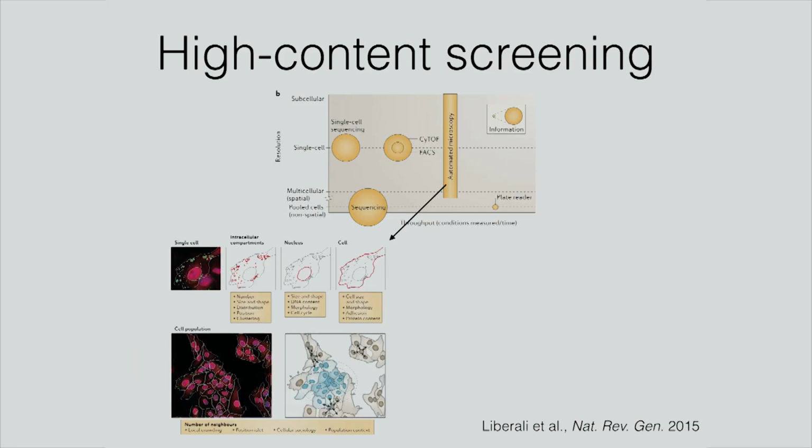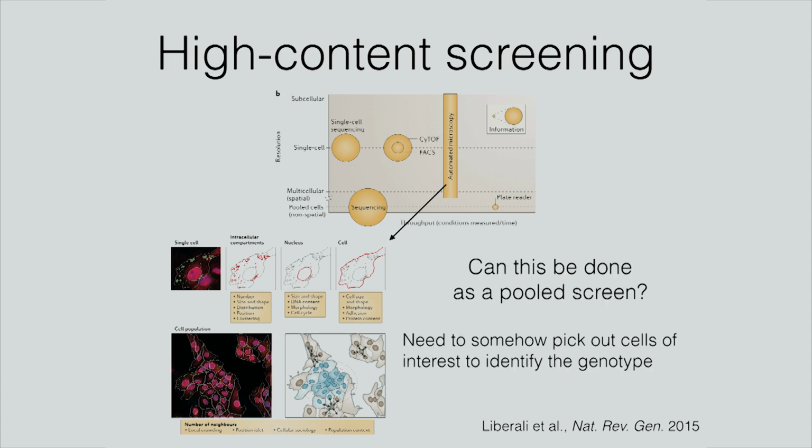The other one that I'll mention is microscopy. You can get thousands and millions of parameters just by taking a picture and figuring out cell size and what its neighbors are and what subcellular structures look like. This is for sure going to be hard to pool, because you want to know what the cell you're looking at looks like and its genotype, and it's hard to go from a microscope to a molecular barcode.